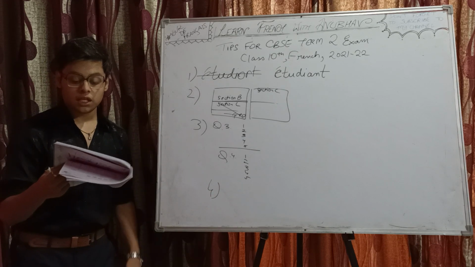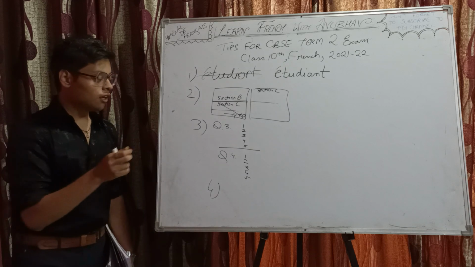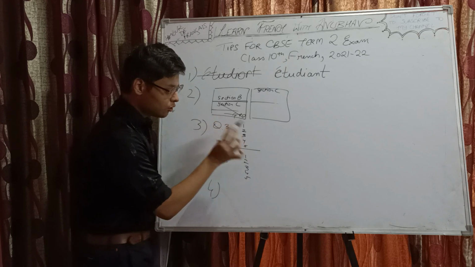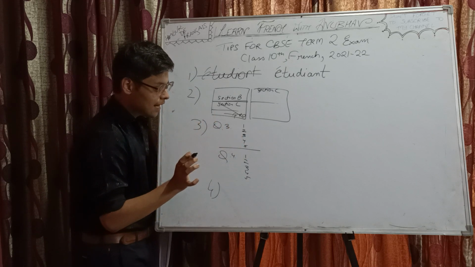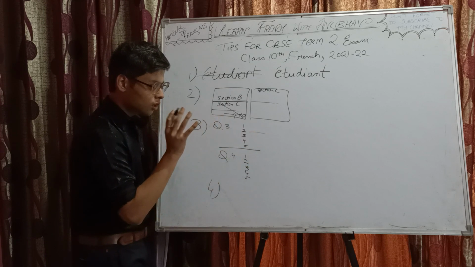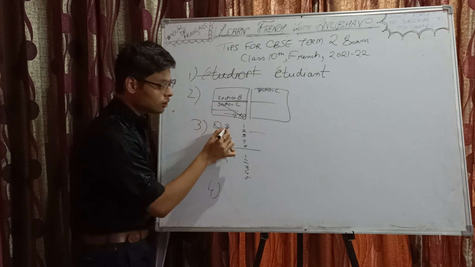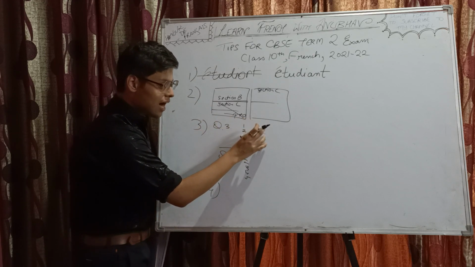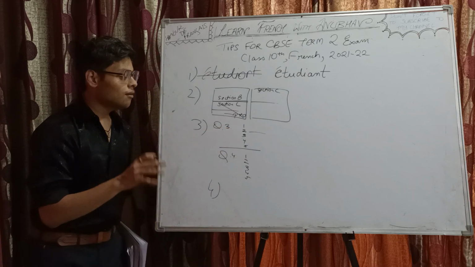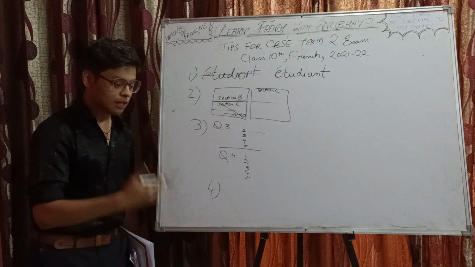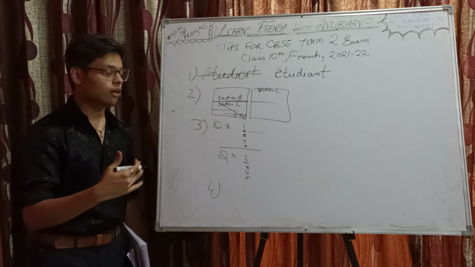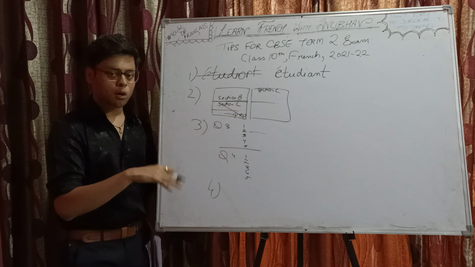Question number 4, number the questions properly. For example, you are writing the answer for question number 3 part 2, but by mistake in the answer sheet you wrote the answer for part 2 but corresponding to that answer you wrote question number 3 part 3. So that answer will be considered as the answer of question number 3 part 3, and hence it will become wrong, right? Because the evaluator needs to check so many papers in a single go that they don't really have the time to judge whether the questions are numbered properly or not.